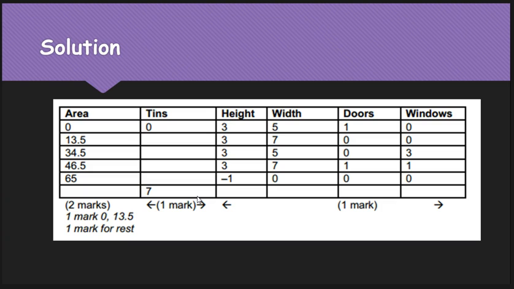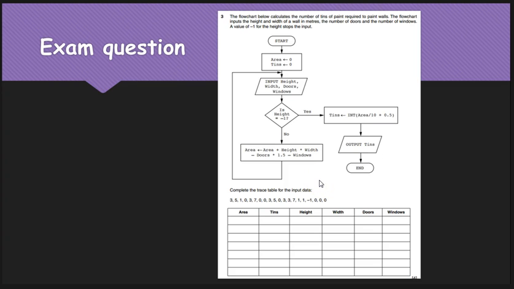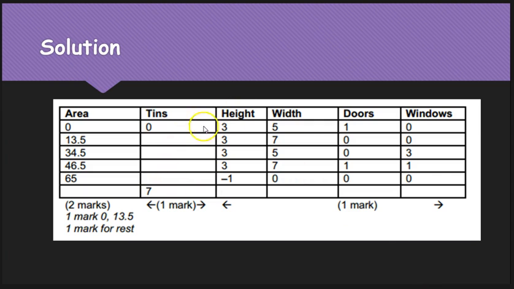Pause the video again and mark your answers, and the mark scheme is there. They'll award you 1 mark for the variable there and 1 mark for that section there. The total number of marks available is 4. So we've got 1 mark for that bit, 1 mark for the whole of that section, and then 2 marks for the area as you're going up.